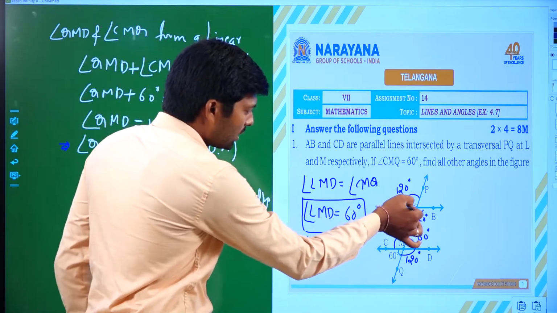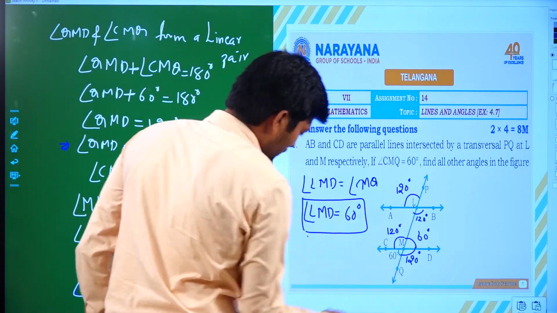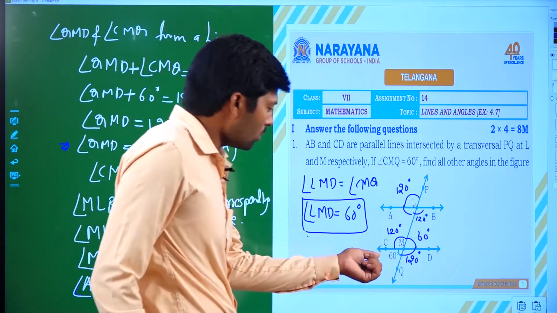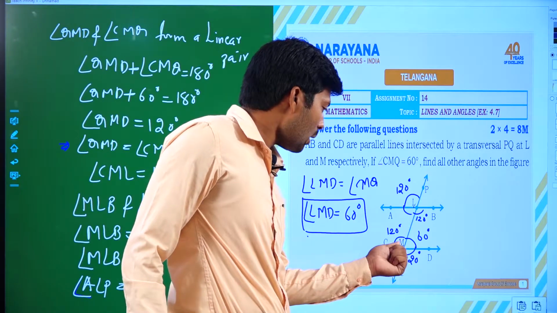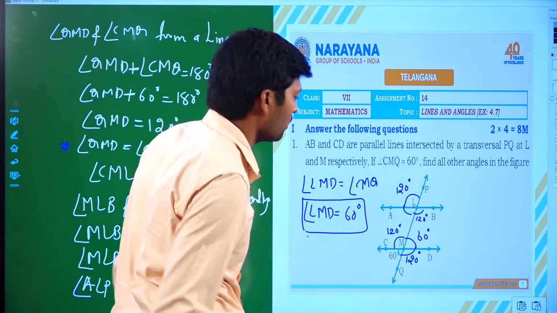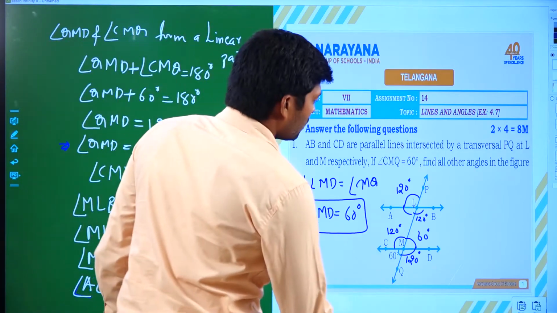Now we need to find angle ALM. What about this angle? If you see this one, angle ALM as well as angle CMQ are both corresponding angles, so those two are equal.